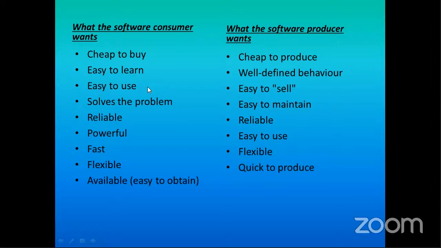Then, well-defined behavior. That means that it must have a good user interface or appropriate interface so that it is easy to learn. Whereas the producer is saying, I want it to be easy to sell, I want to get many people, make sure that the consumer can easily use your software.